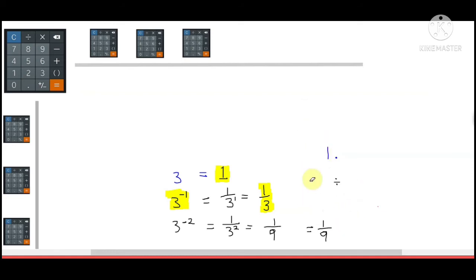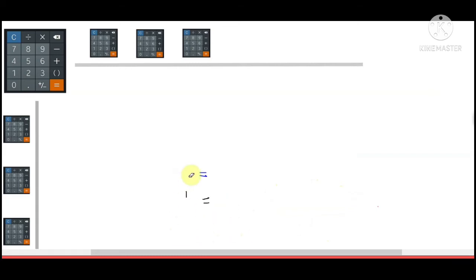I think I need a bigger eraser, but we'll get there. Almost there. Right. So let's start back again with 3 squared.